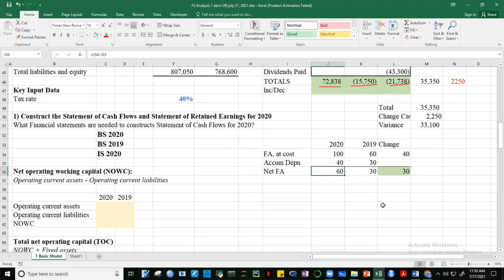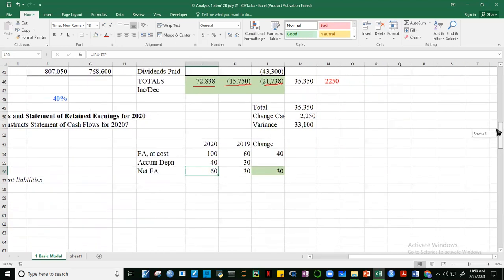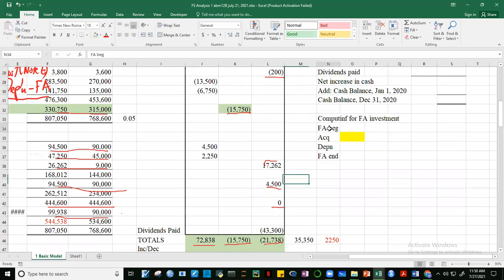But the good news is that we can compute for that. Pakibago na lang yung net fixed assets beginning.